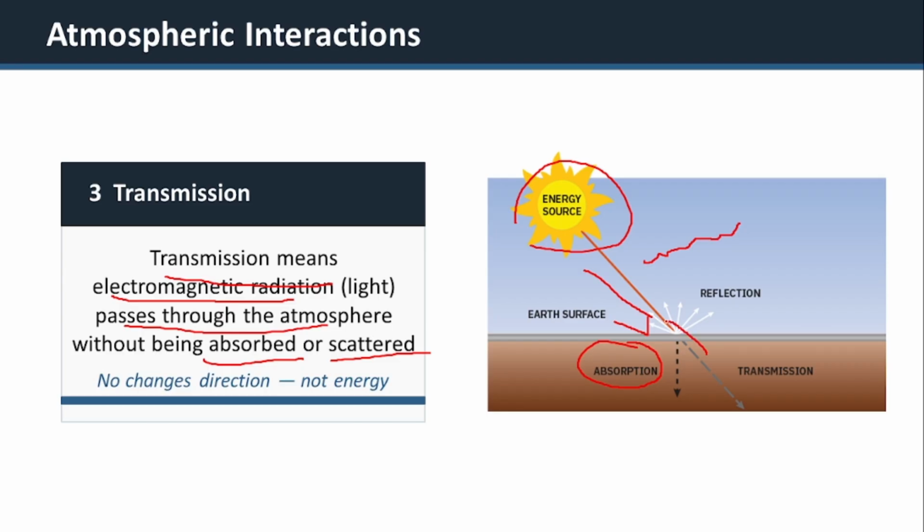But these radiations are passing through a medium. The passage of radiation through a medium without being absorbed, without being scattered, is called transmission. In transmission, no change of direction of incident radiation takes place and no energy is lost. Why is transmission important? Because if the transmission is high, the sensor gets clear data, and if the transmission is low, then the data quality decreases.